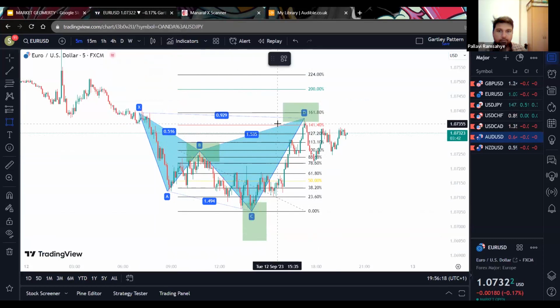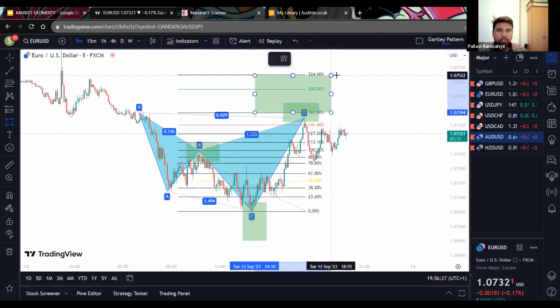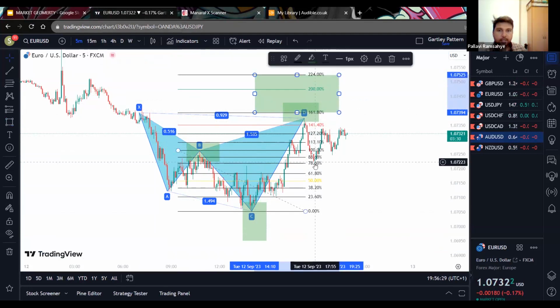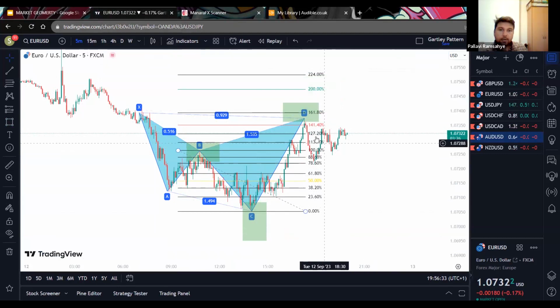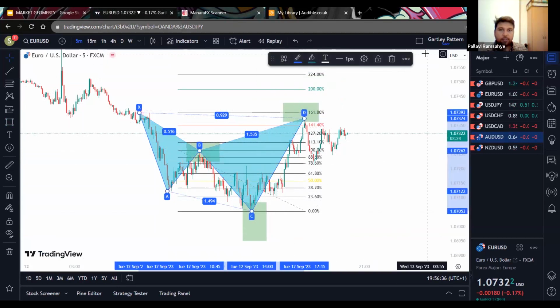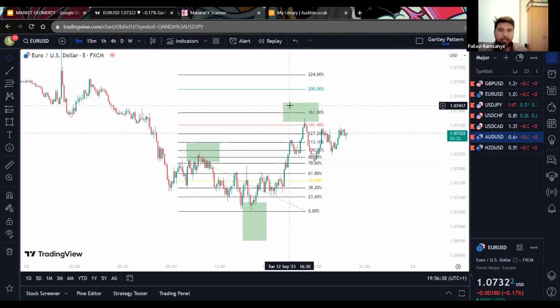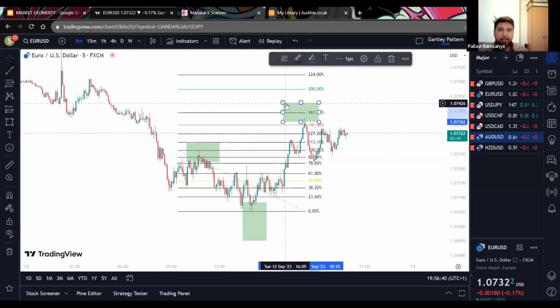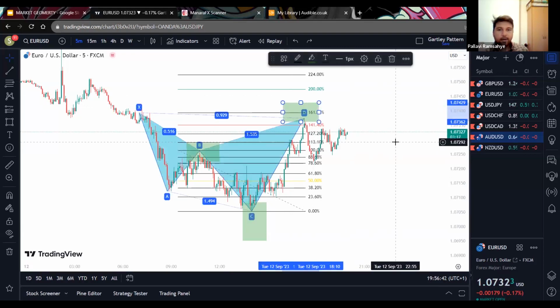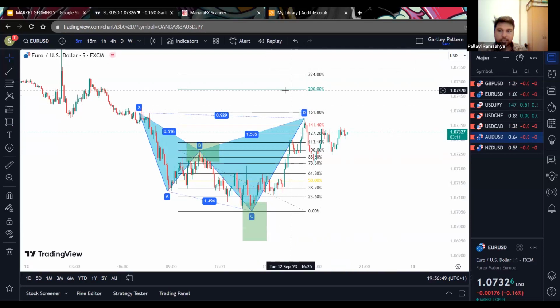Okay, so from here to here, that's another criteria that can be met as well. So perfect. So once this pattern is formed, where are we entering from, and where are we placing our stop loss and take profits? Can anybody pop that down in the chat?